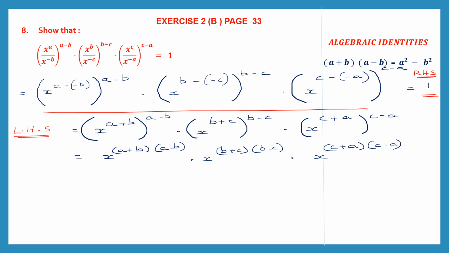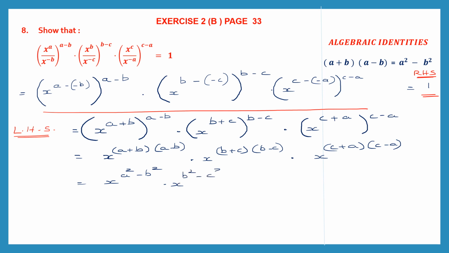So here this will be x raised to the power of a square minus b square into, here also we can do that, b plus c into b minus c, we can write it as b square minus c square. So this will be into x raised to the power of b square minus c square.